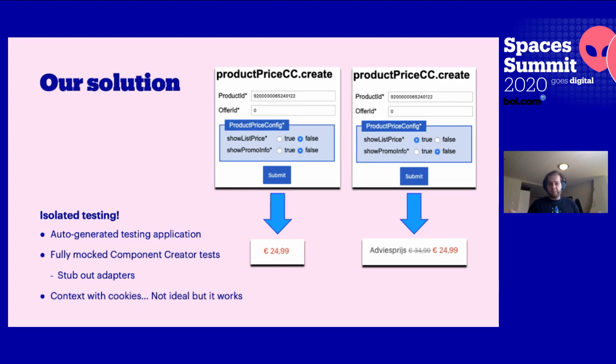It's not ideal, but it works pretty good. And the awesome thing about this is that we can do everything isolated, because every component creator goes to each service by themselves. This means that if we just call the component creator, everything is always calculated, and we just stub out the services, and then we have fully stubbed out tests.